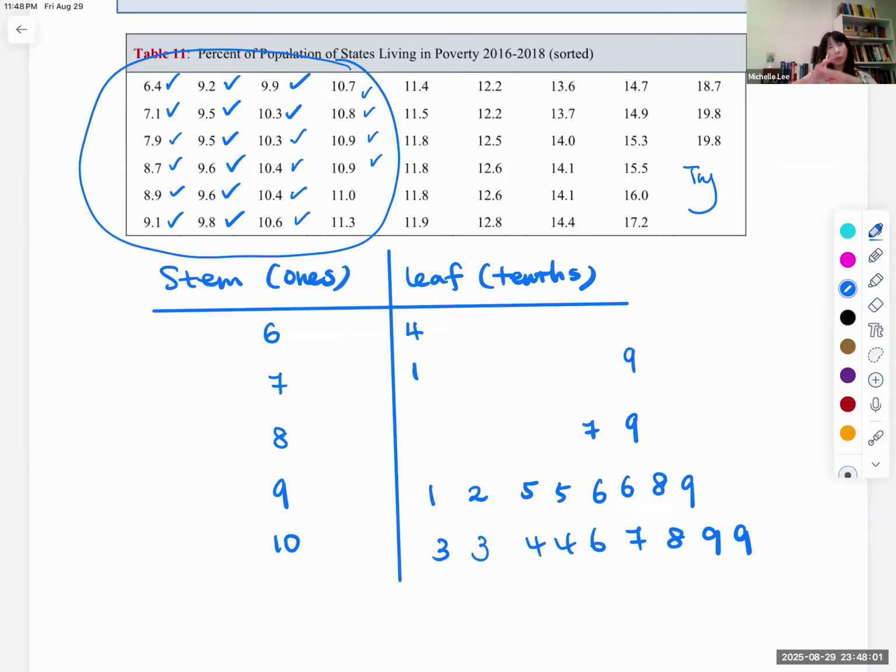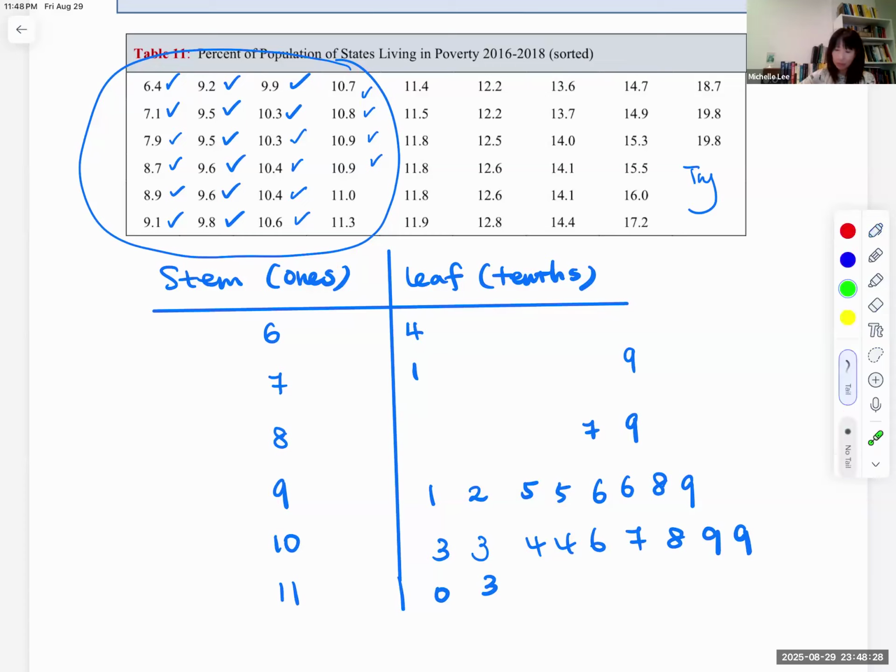Oh, luckily this table is in order, right? Sorted. Yeah, sorted. Very nice. Otherwise, we would have to rearrange everything. And there's 0 and 3. Okay.